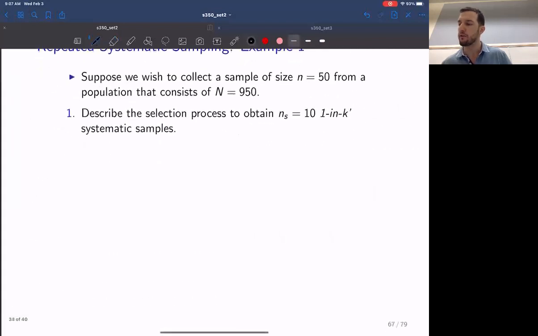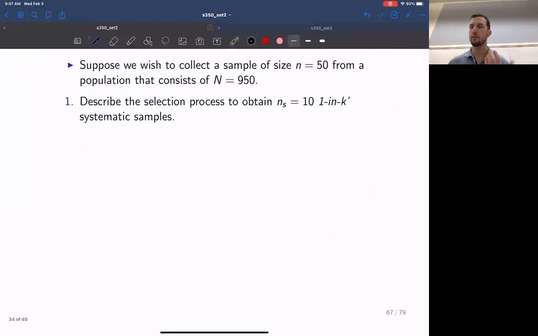Okay, so to further illustrate this idea, suppose that we want to collect a sample of size 50 from a population of size 950. In this situation, instead of collecting just 1 systematic sample, we're going to collect 10 1 in K prime systematic samples. Okay, so how can we go about doing this? All right, so first, we can write out what our K prime is going to be.